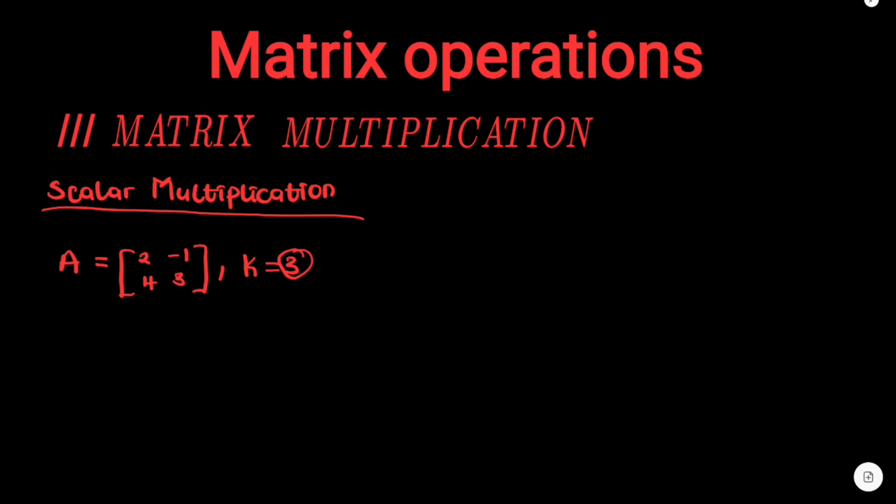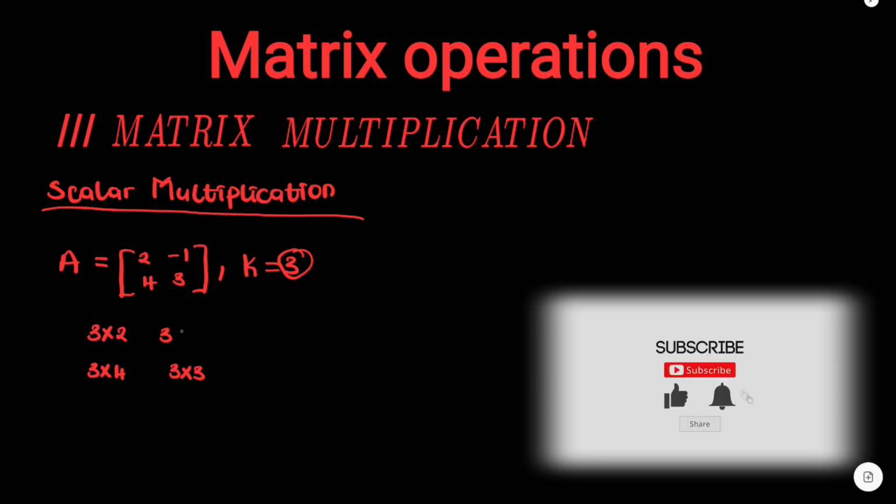So we are going to have 3 times 2, 3 times minus 1, 3 times 4, 3 times 3.